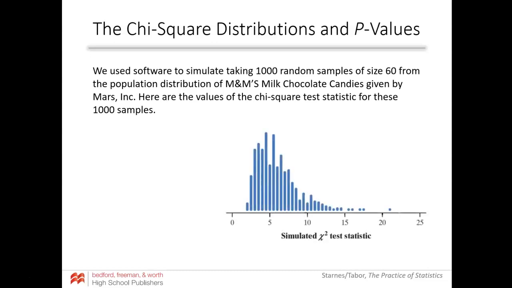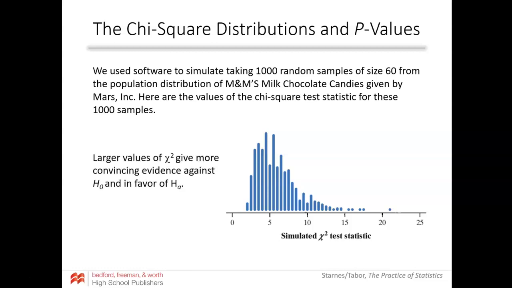So 1,000 of those random samples were simulated. And that is a really interesting looking distribution, right? It does definitely seem to be skewed to the right. And we'll see this note here says larger values of chi-square give more convincing evidence against the null and in favor of the alternative. So this distribution is kind of petering off here to the right.